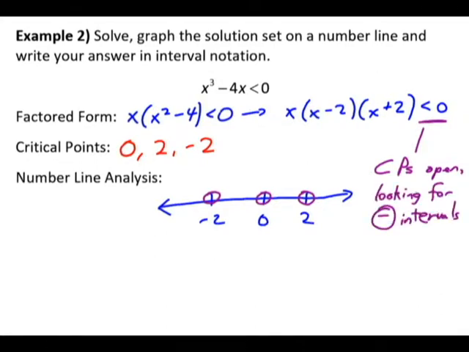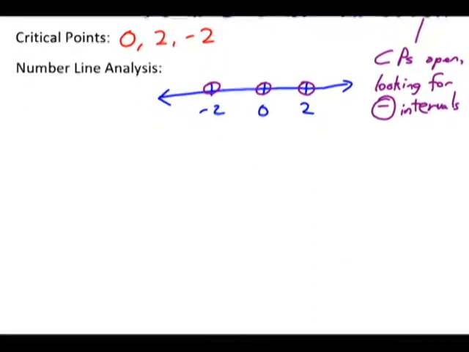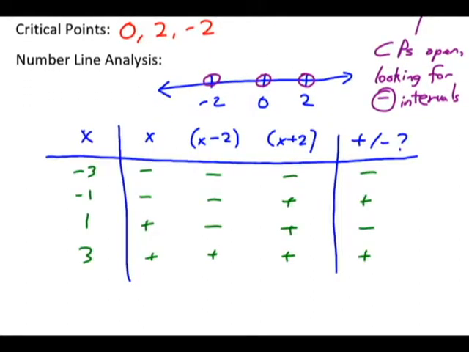Here's my testing table. You should end up with a negative region, a positive region, a negative region, and a positive region. We're looking for negative intervals, so here's when we highlight the solution. And finally, we'll write that in interval notation.